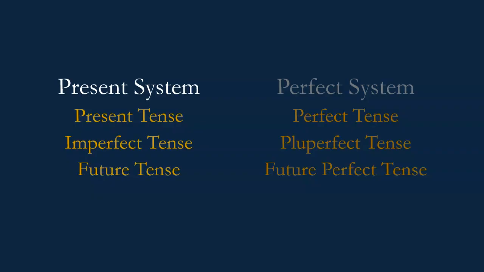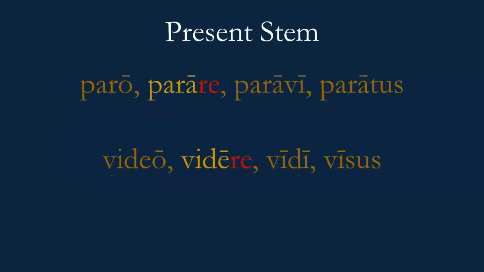Remember that the present system consists of 3 tenses, the present, the imperfect, and the future. To form the present tense of a first or second conjugation verb, first find the present stem by going to the second principal part, which is the infinitive, and taking off the RE.